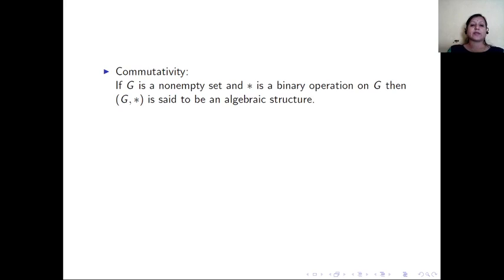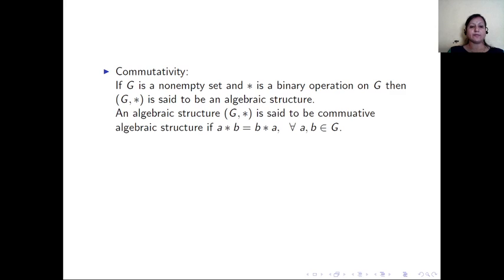Now let us see the next definition, that is commutativity or commutative operation. If G is a non-empty set and star is a binary operation on G, then this structure G comma star, that is set G together with the binary operation star, is said to be an algebraic structure. So this is what we mean by the algebraic structure.